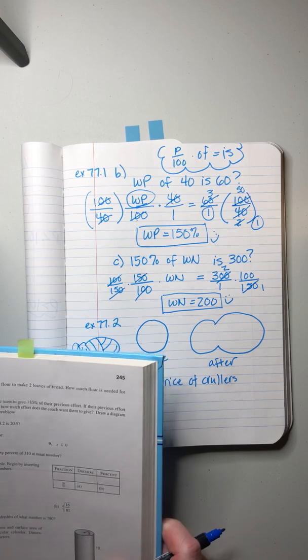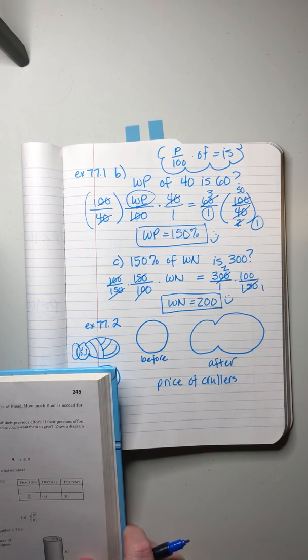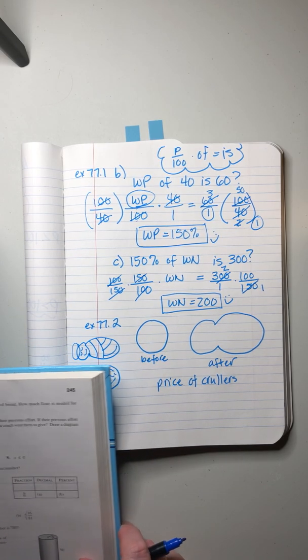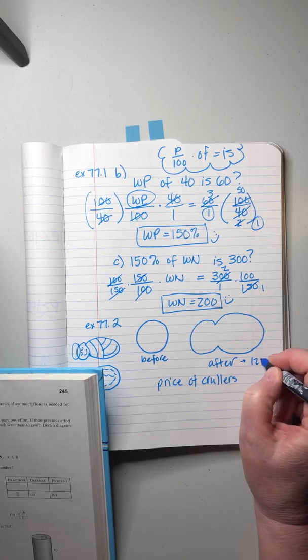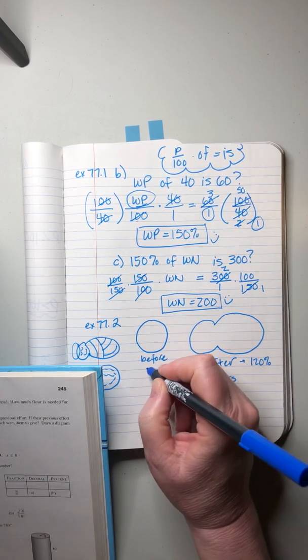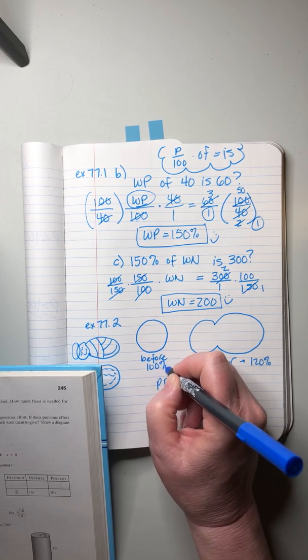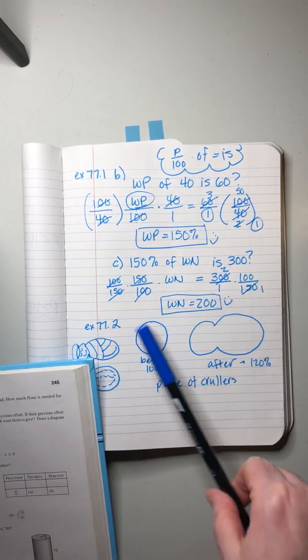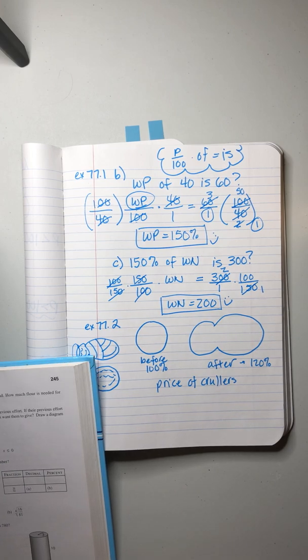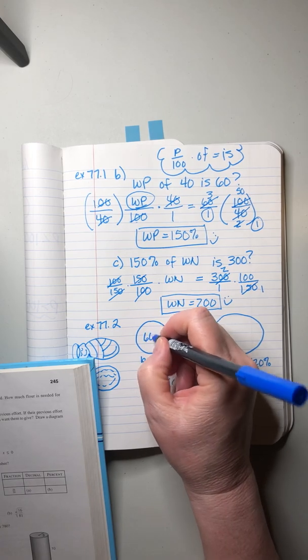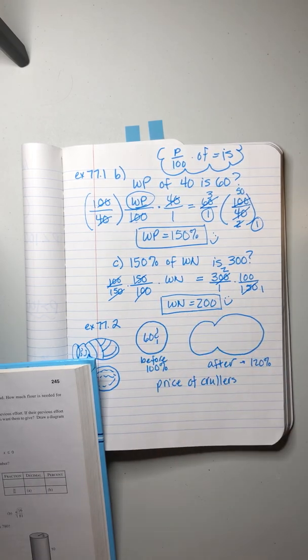Okay. She's mad because they cost 120% today of what they did 2 years ago. So we know that this percent is 120%. And the before is always 100%. No matter which kind you're doing, the before is always 100%. What does a cruller cost that was 60 cents 2 years ago?